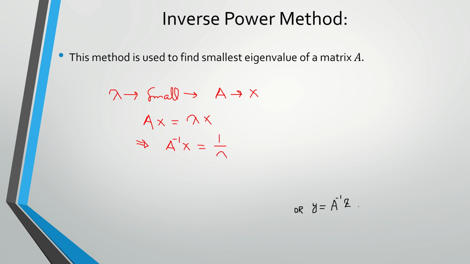I hope it's clear to everybody. Simple manipulation is there. So it's A inverse x equals 1 over lambda x.